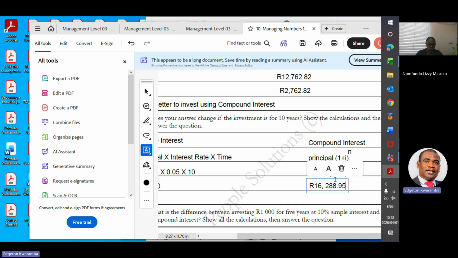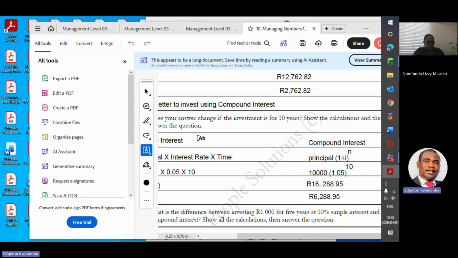Okay, so we all know that this one gives us the interest together with the money that we invested. So the interest on its own is what? It must be this minus 10,000, 6,288.95. Okay.